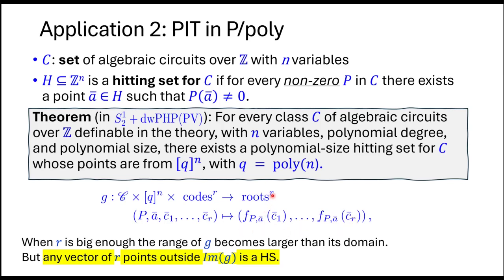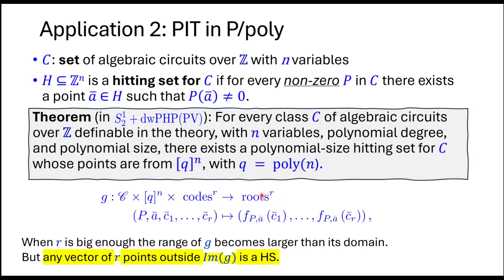Now, when R is big enough, by a simple dimension argument, the range is going to be bigger than the domain. Because, if you remember, the domain of codes is smaller than the range of roots.